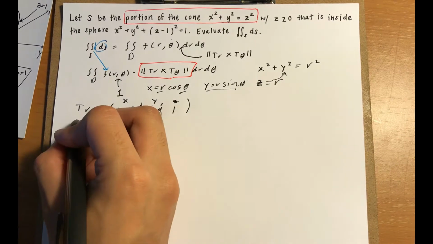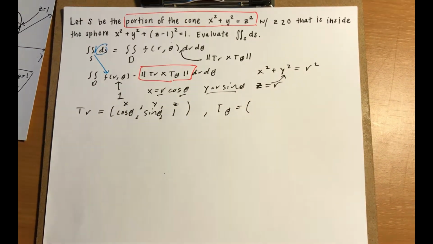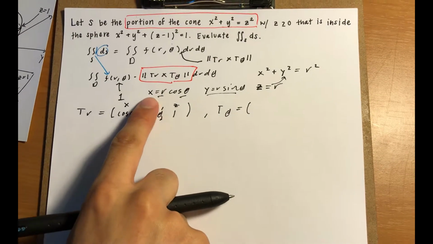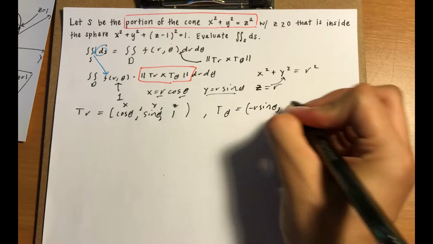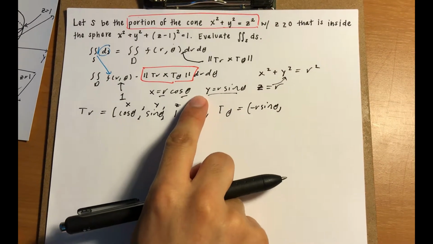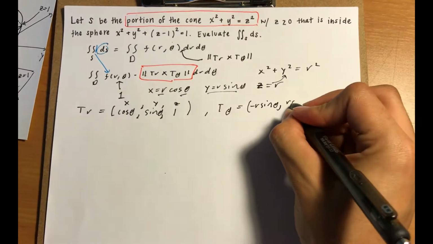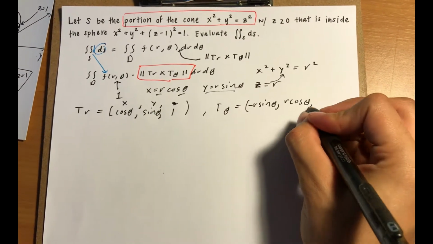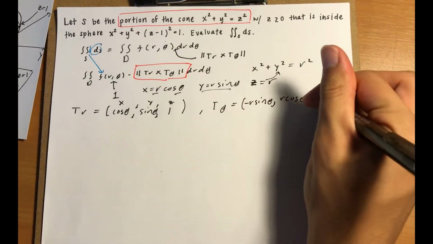Now let's find tangent vector theta. Partial x with respect to theta is negative r sine theta. Partial y with respect to theta is r cosine theta. Partial z with respect to theta is 0.